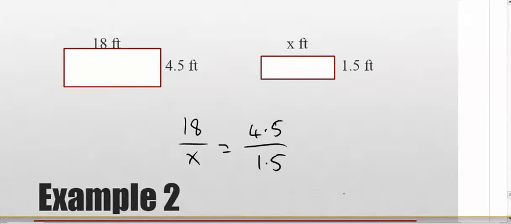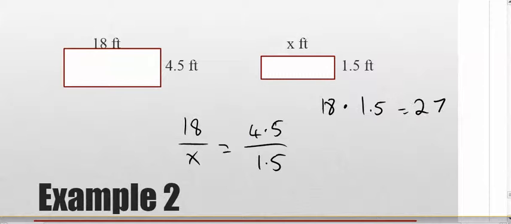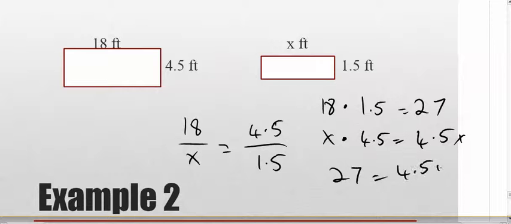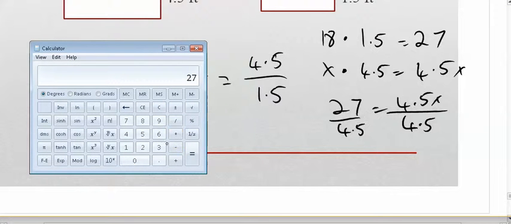Then you just cross multiply. So 18 times 1.5 equals 27, and then x times 4.5 equals 4.5x, and then you do 27 equals 4.5x, and then you divide it. 27 divided by 4.5 is 6.